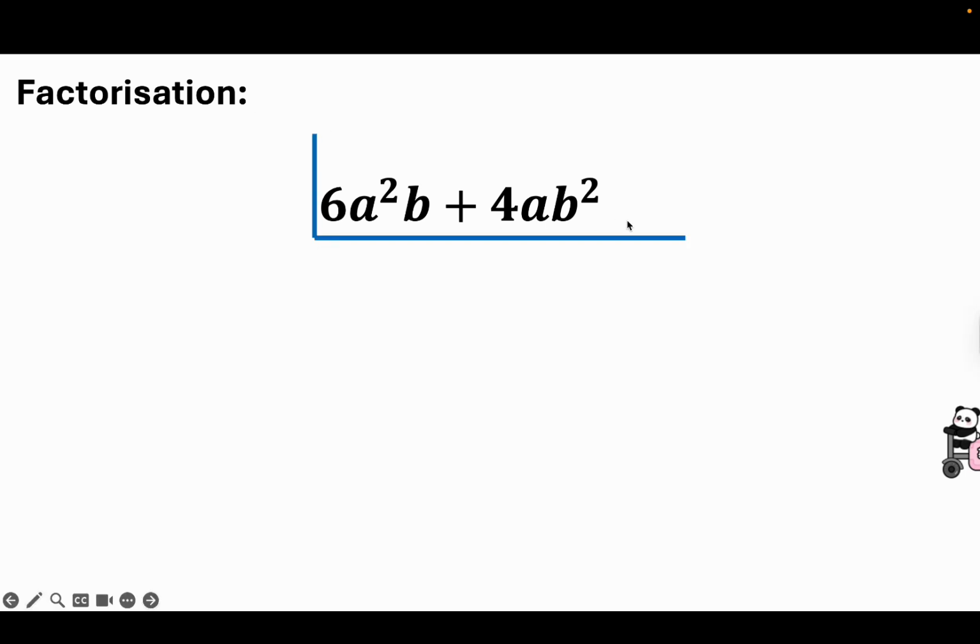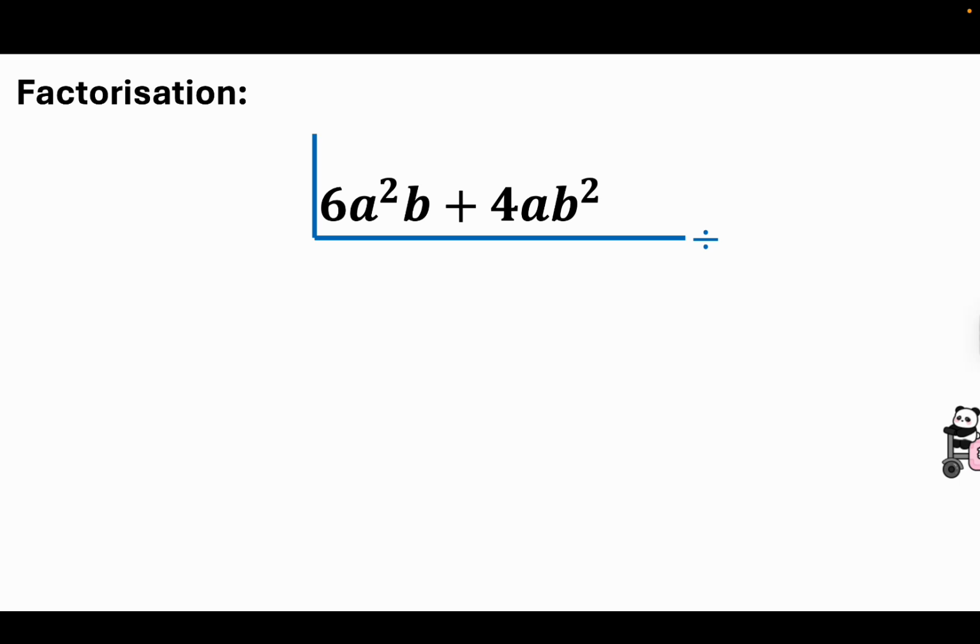This is what I call a long division bar in algebra. What we are going to do is find common factors that can be divided into both of these two terms separated by this addition sign.